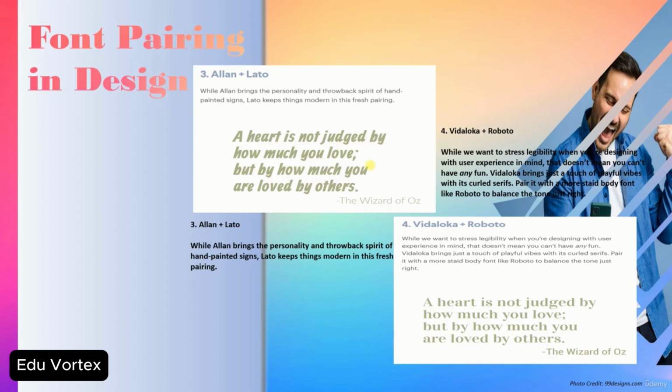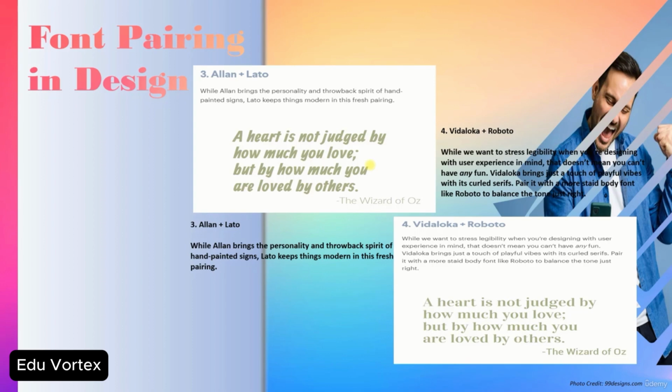While we want to stress legibility when you are designing with user experience in mind, that doesn't mean you can't have any fun. Vidaloka brings just a touch of playful vibes with its scaled serifs. Pair it with a more staid body font like Roboto to balance the tone just right.